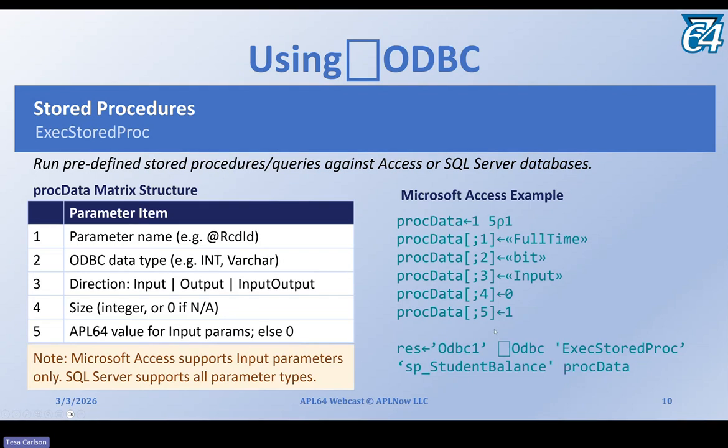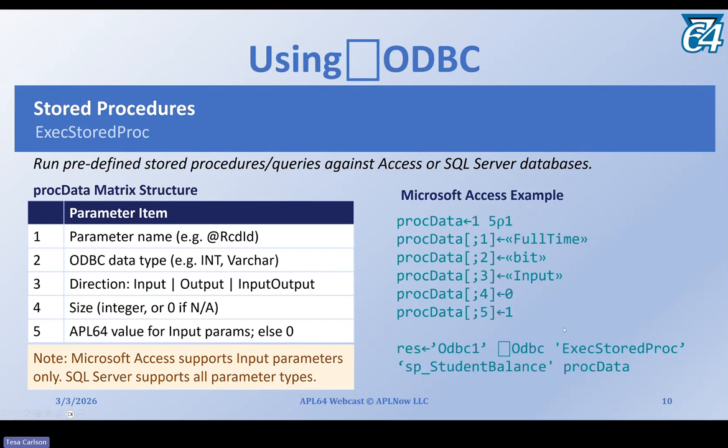The proc data is a matrix with one row for each parameter defined in the stored procedure. The order of the rows must correspond to the order of the parameters in the stored procedure, and all columns must be present in the proc data.